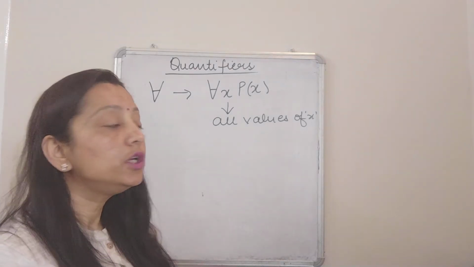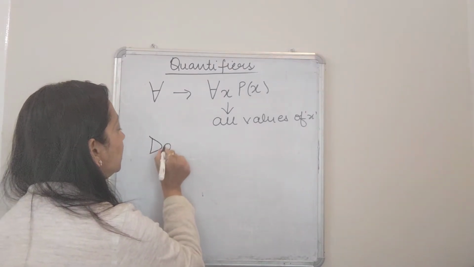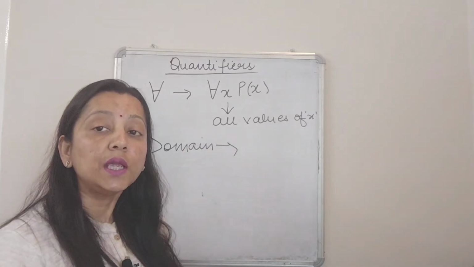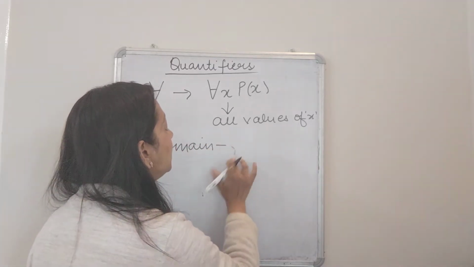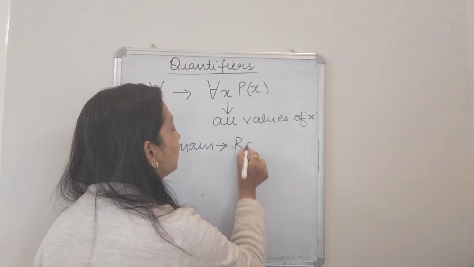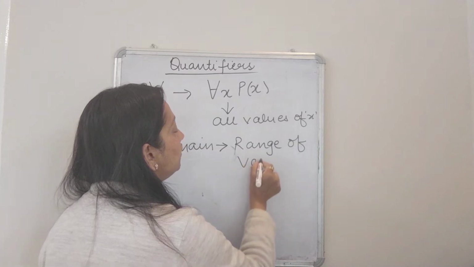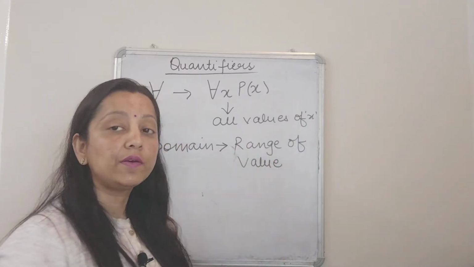Now here I am using a new word, which is domain. What does domain mean? Domain means the range of values that a variable can have, the range of values in the universe that a variable can have.